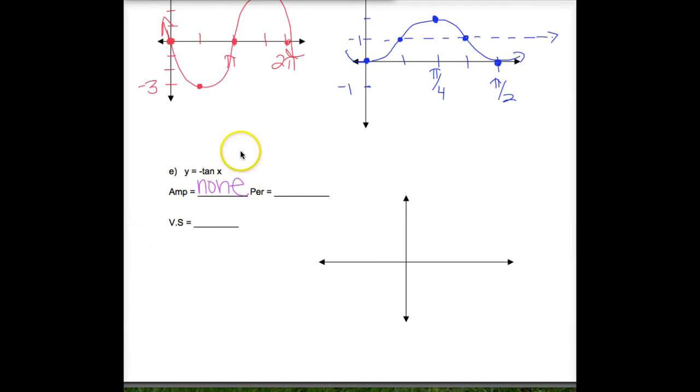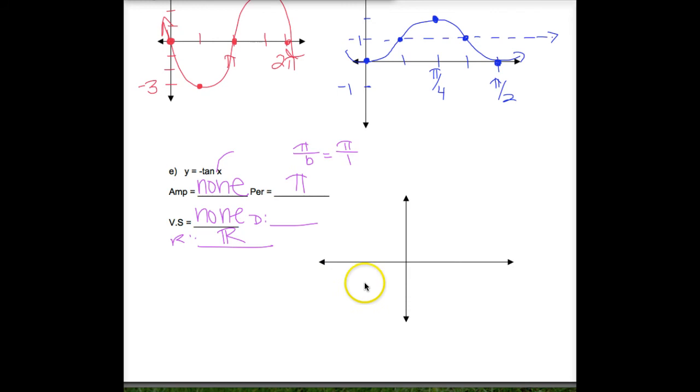And there is no plus minus here, so we do not have any vertical shifting here. The period is pi divided by b. So in this case, pi divided by 1, which is pi. Range is always all reals on this.